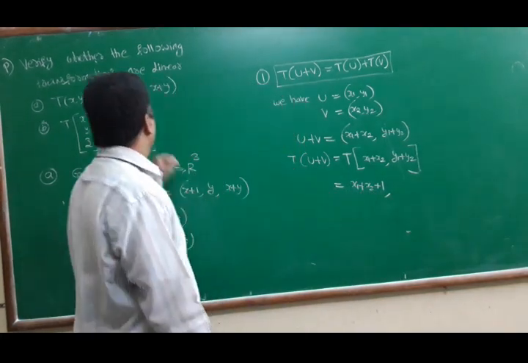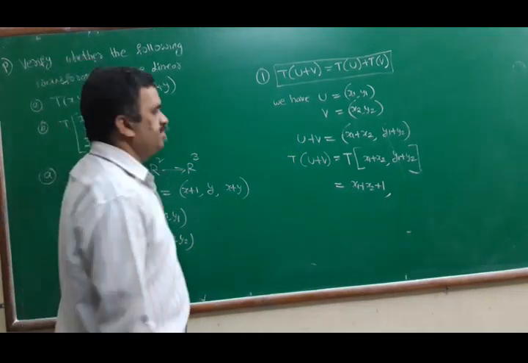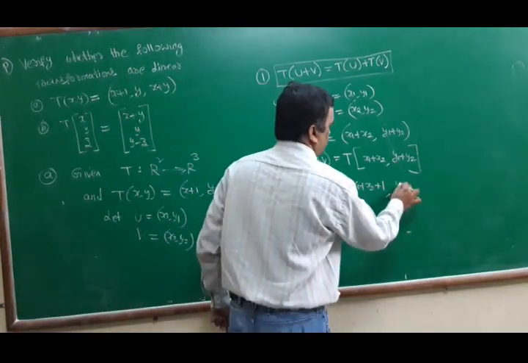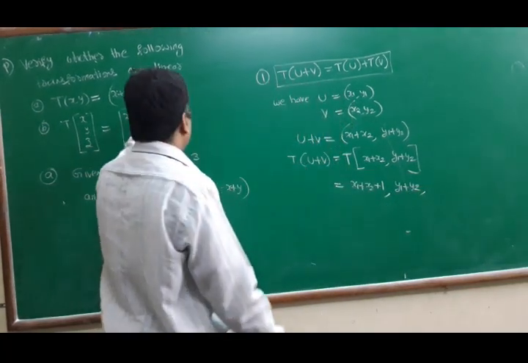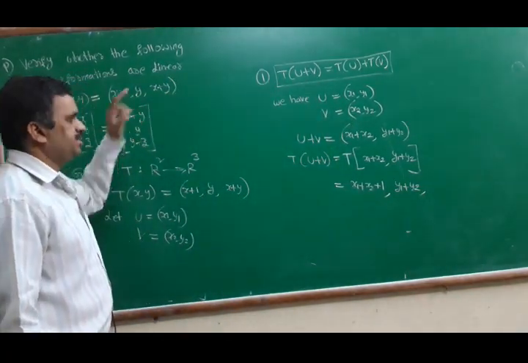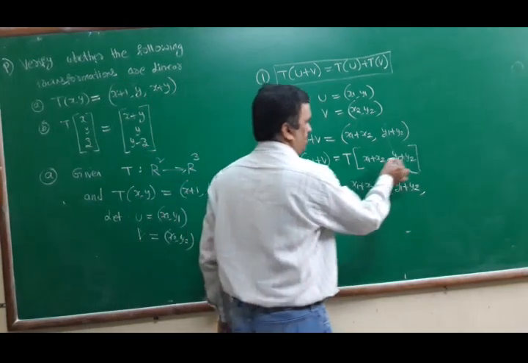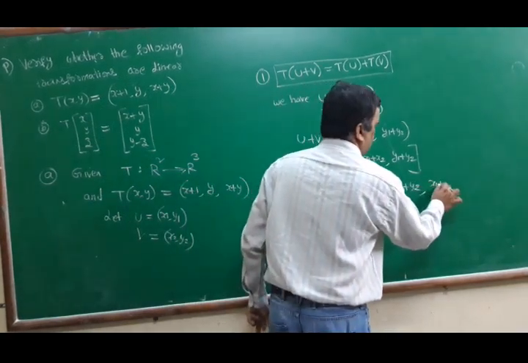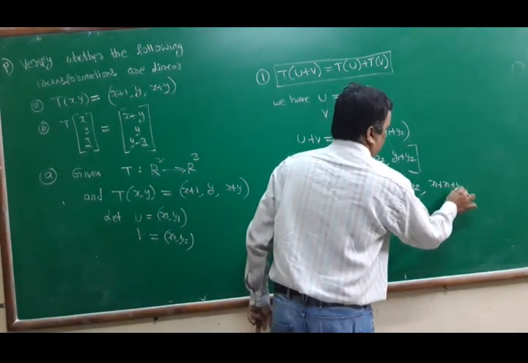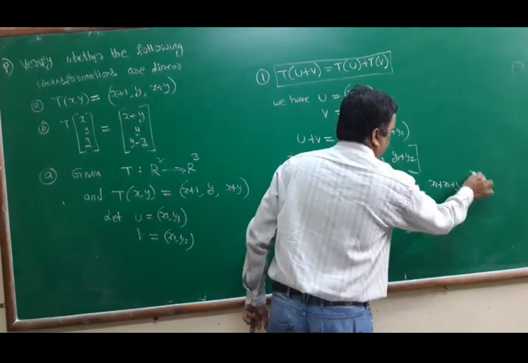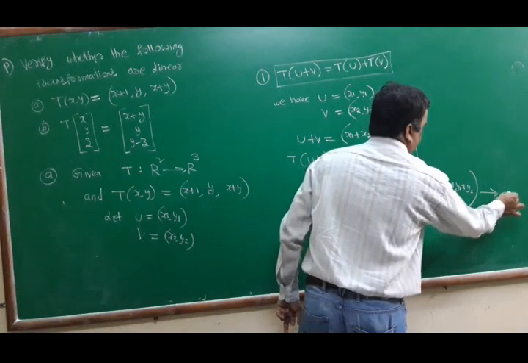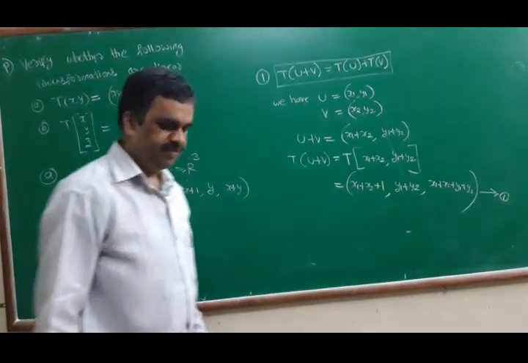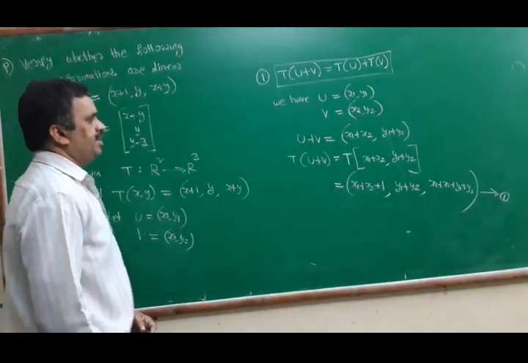Next second coordinate, y1 plus y2. Next first coordinate plus second coordinate, nothing but x1 plus x2 plus y1 plus y2. This is the left hand side, equation number 1.